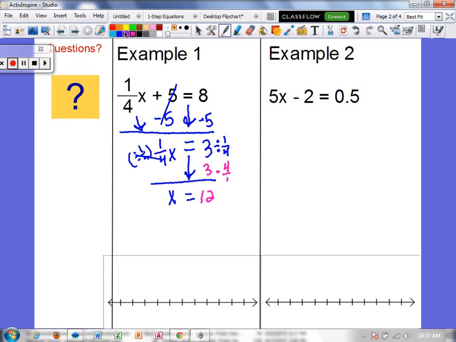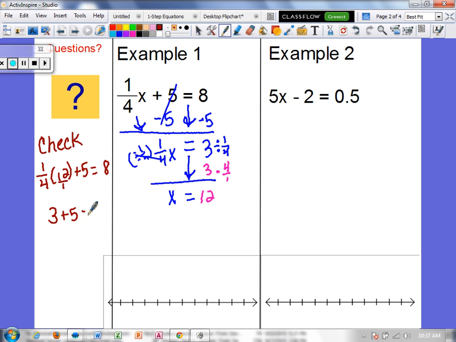So let's check and see if that is in fact our answer. So that would be 1/4 times 12 plus 5, and that should equal 8. So 1/4 times 12, that would be 12/1, which would end up being 12/4, and 12 divided by 4 is 3.